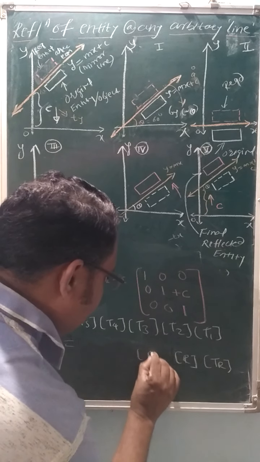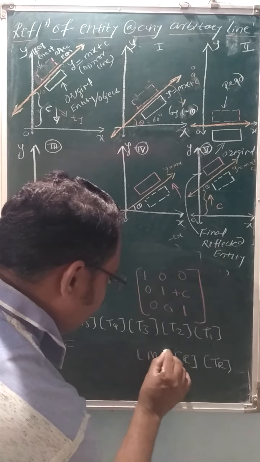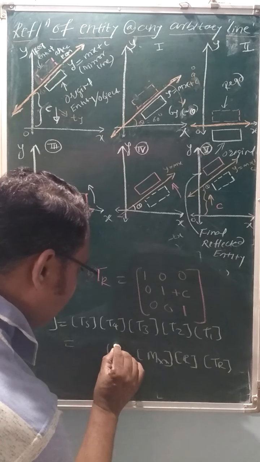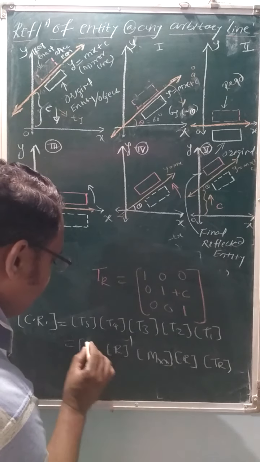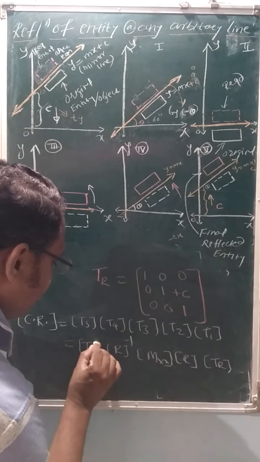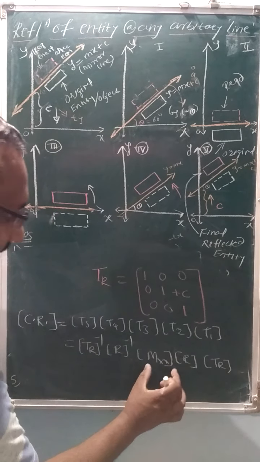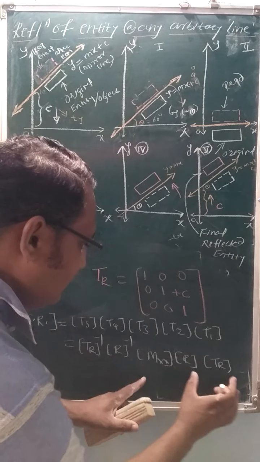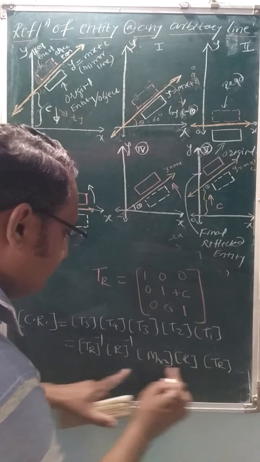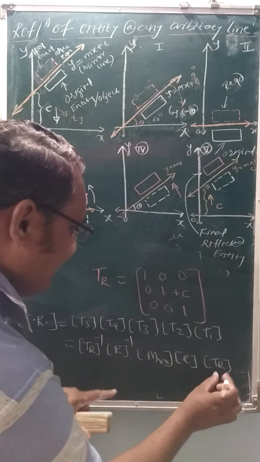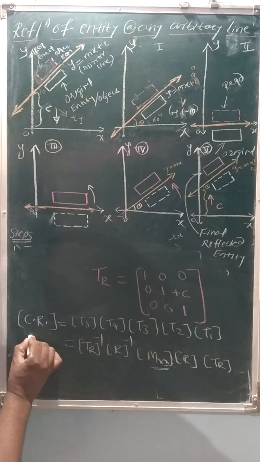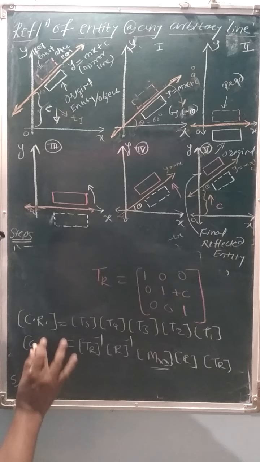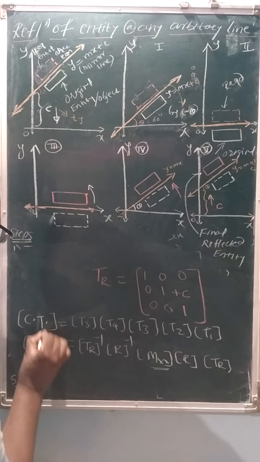T3 was the required mirror matrix about the x-axis. T4 was the inverse rotation, and the fifth one is the inverse translation. See here, these two matrices are R inverse and T inverse, and this is the mirror matrix. So this is the final concatenation, or CT, matrix.